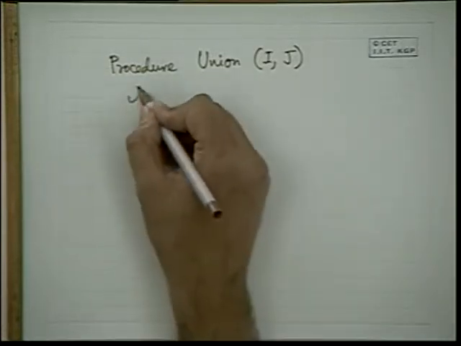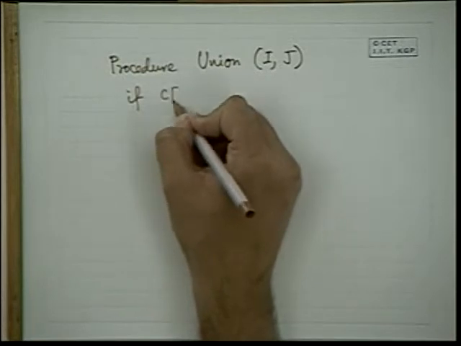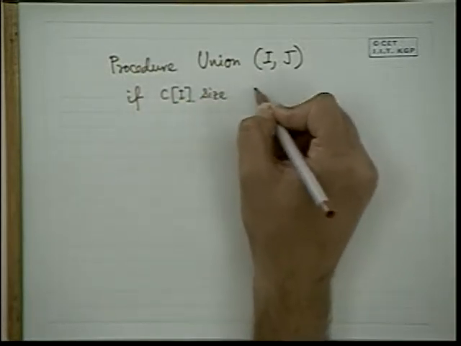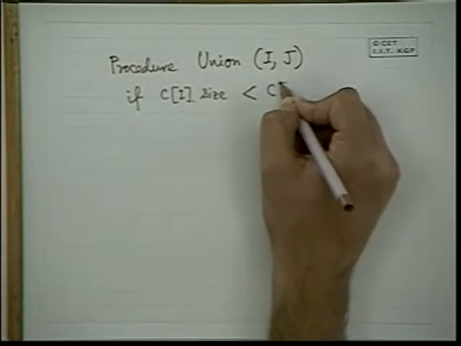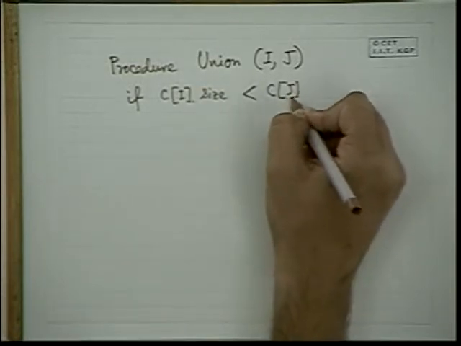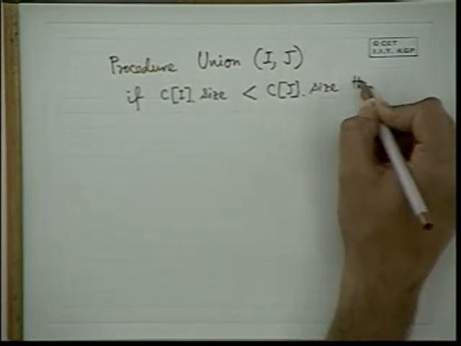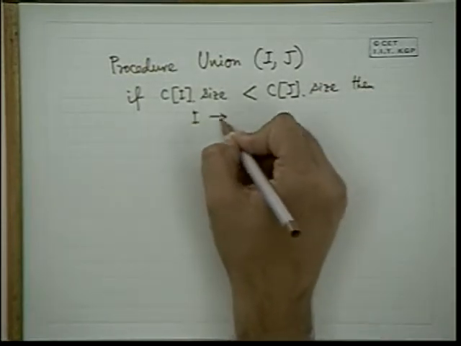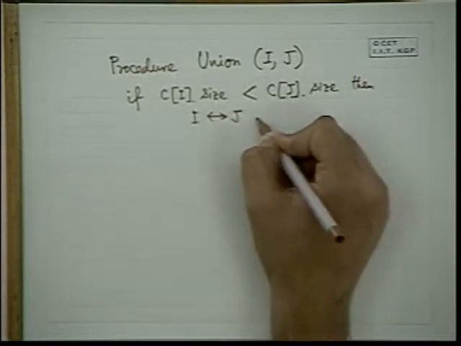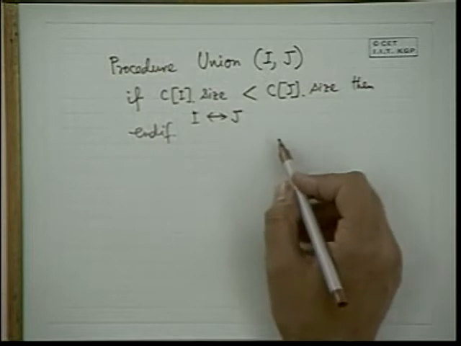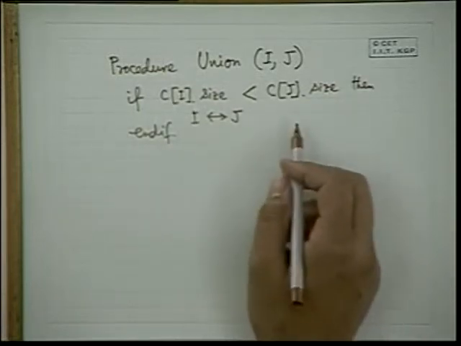First we check if Ci.size is less than Cj.size, then exchange i and j. Exchange means just the values of i and j are exchanged.